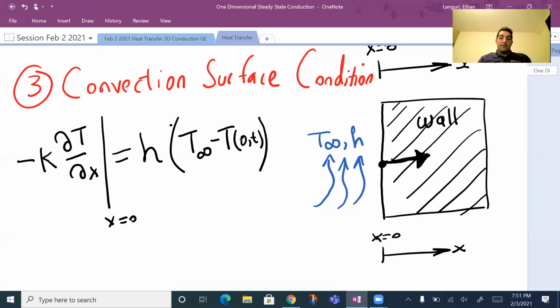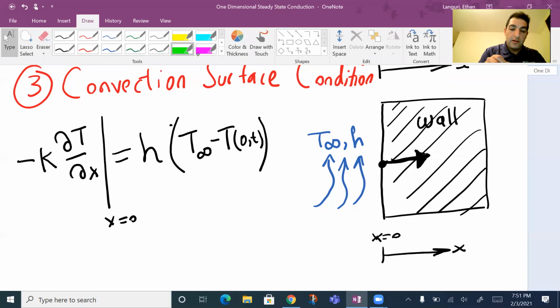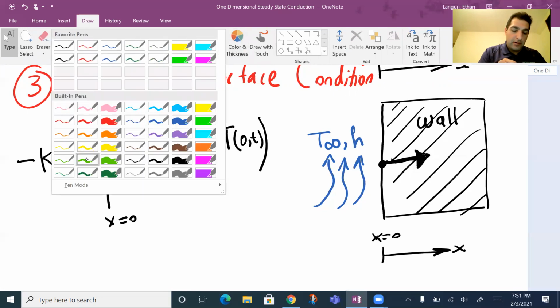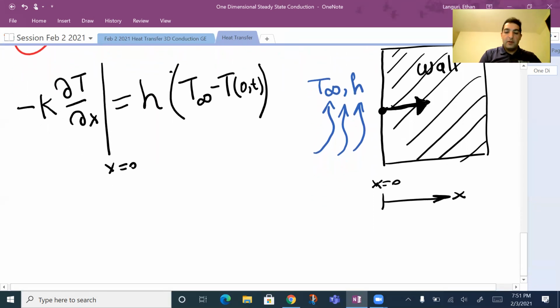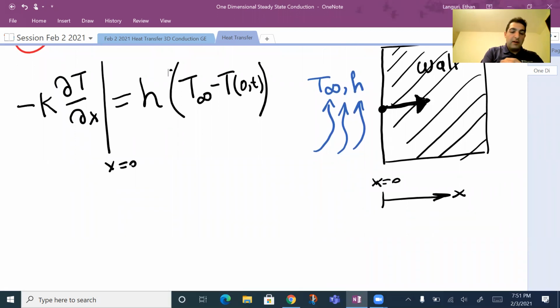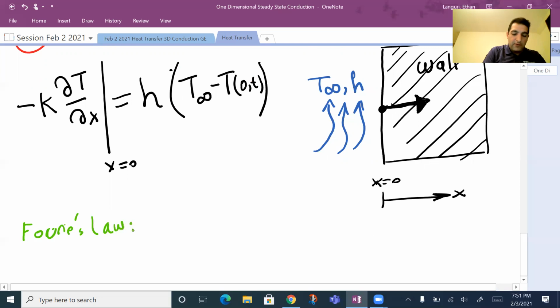Let me show my 0 one more time. So this is what we have in terms of convection surface boundary condition. Let me discuss this a little bit more. Again, the left-hand side is nothing but Fourier's law. And what was Fourier's law? Q, or heat flux, q double prime, was minus k dT/dx, right?